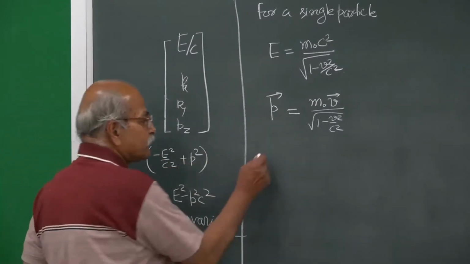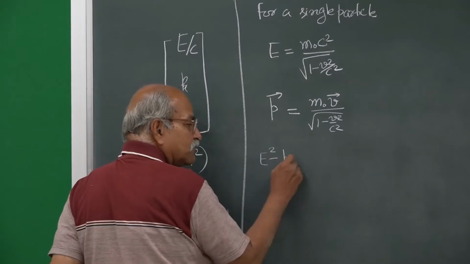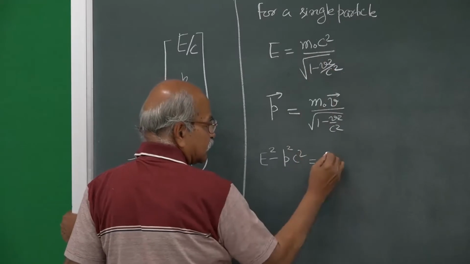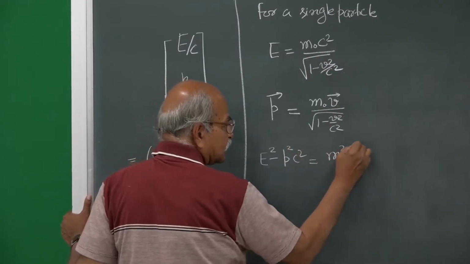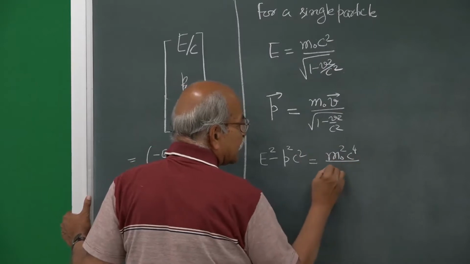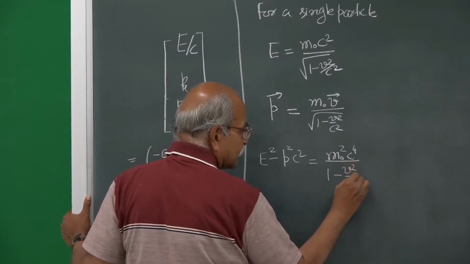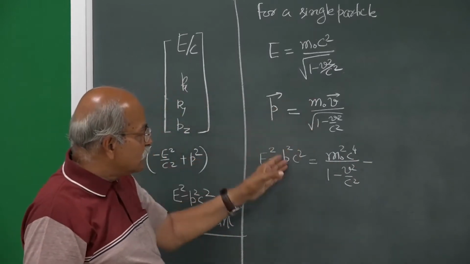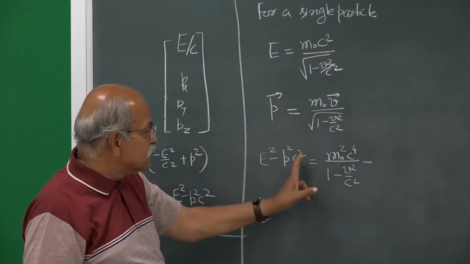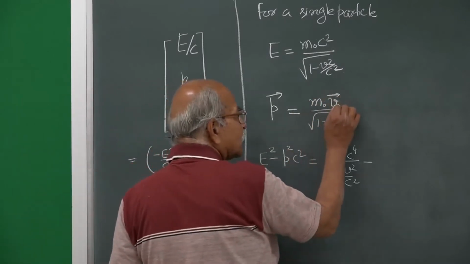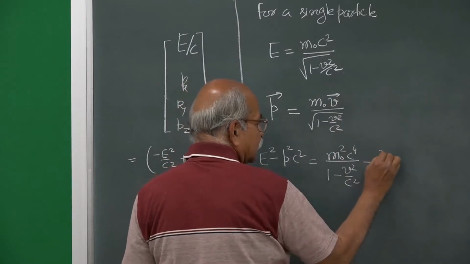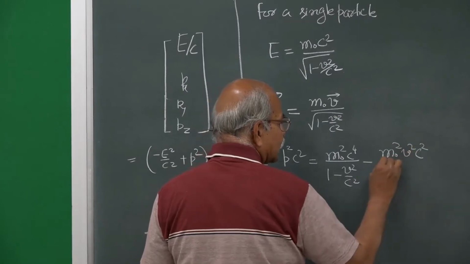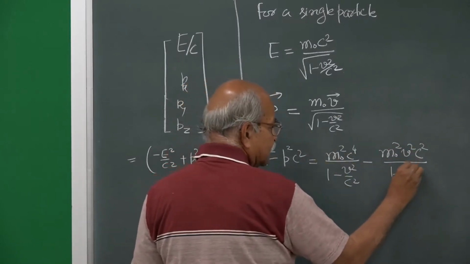So, E square minus the magnitude of linear momentum square into C square is equal to the square of this. So, m naught square C power 4 divided by 1 minus V square by C square, and then minus P square C square. So, square this, magnitude square this and multiply by C square. So, it is m naught square V square C square divided by 1 minus V square by C square.